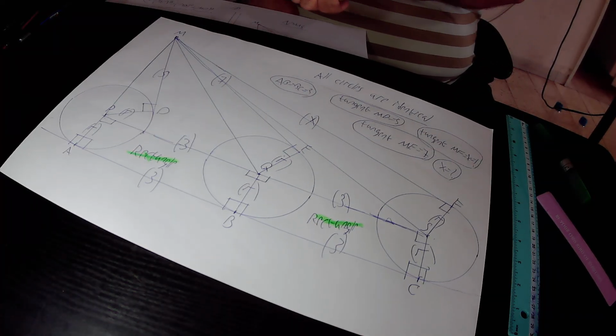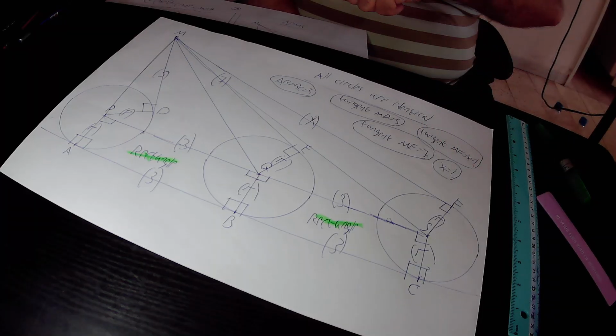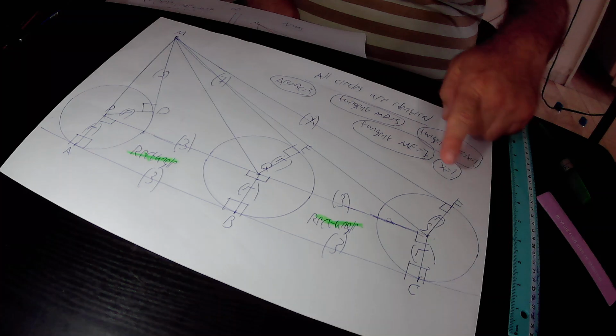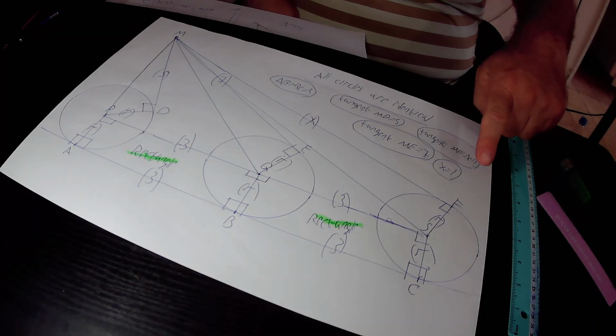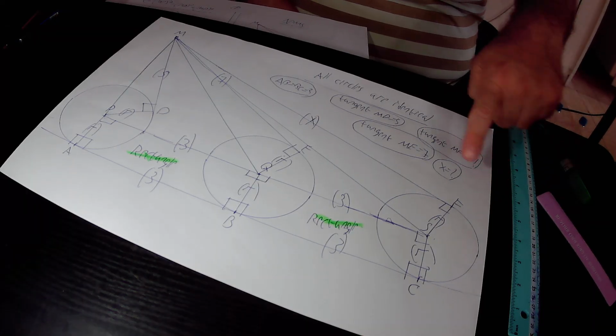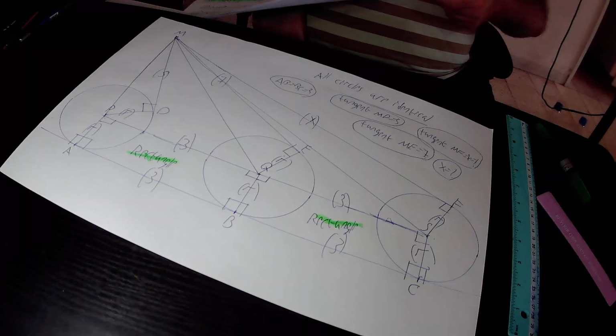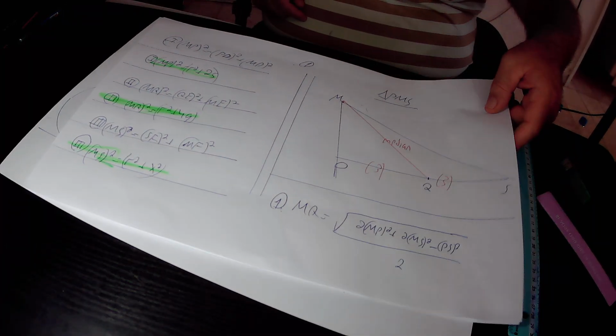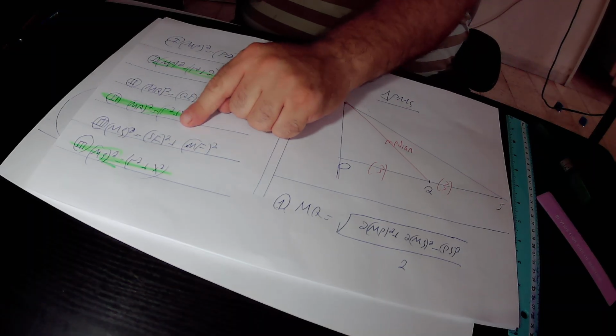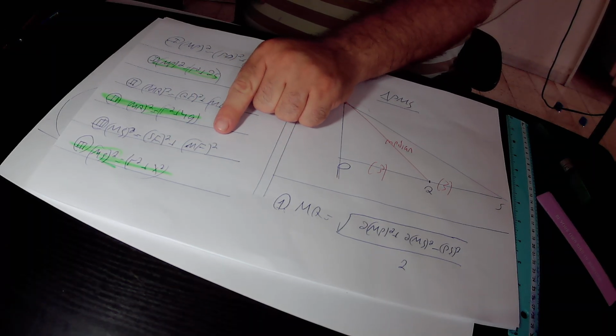In the next step, we join points M and S together by a straight line, and we implement the Pythagoras theorem on this right triangle MSF. According to the Pythagoras theorem, MS squared, the square of the hypotenuse, equals FS squared plus FM squared. Repeat again, in the right triangle MFS, MS squared equals SF squared plus MF squared.